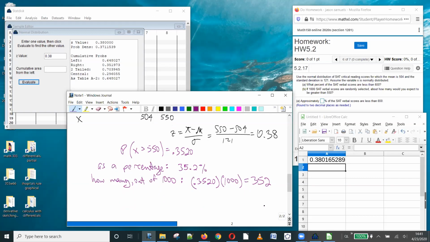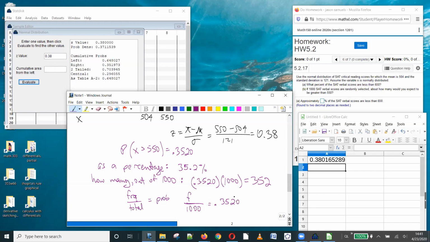Notice that another way of saying this is, remember our old definition for probability. Our first definition for probability was the frequency over the total number, which gives you your probability. In this case, we're trying to figure out the frequency, which we don't know, let's call that F. The total number is 1,000 people, and the probability is 0.3520.